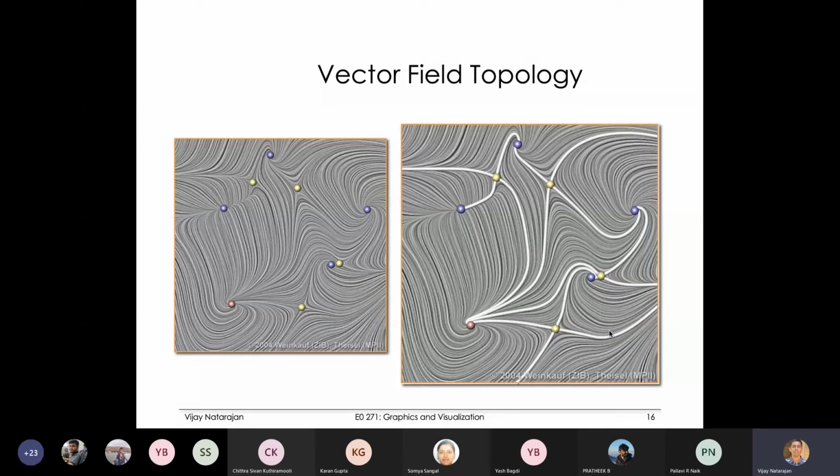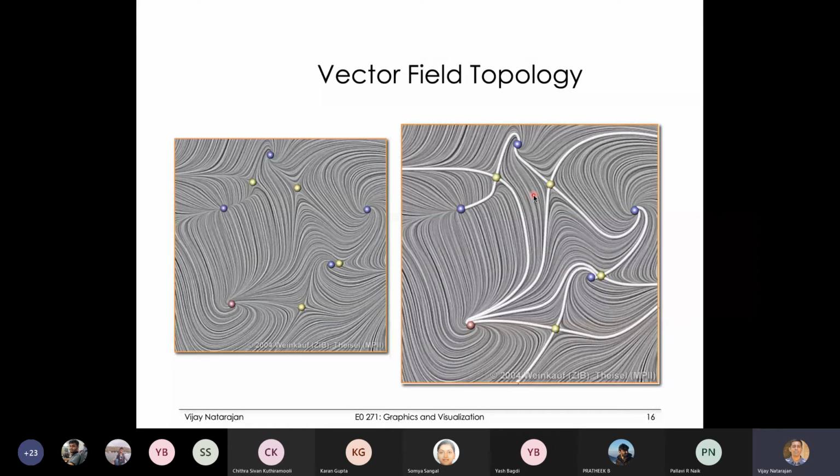If you look at the region bounded by these white arcs, let's take one example. Here is blue to yellow to red and back to yellow. You see that the flow in the interior of this region is more or less streamlined. There are no turbulent structures and so on.